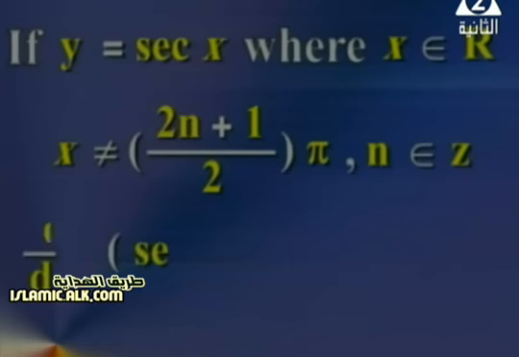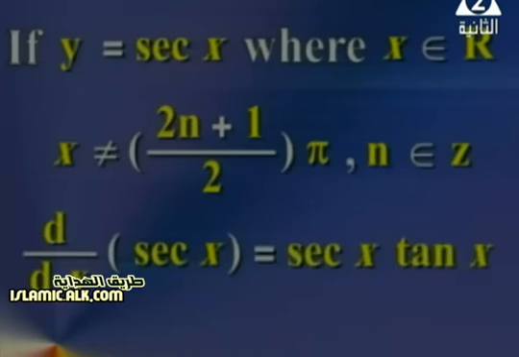The differentiation of sec x equals sec x tan x, because sec is 1 over cosine.